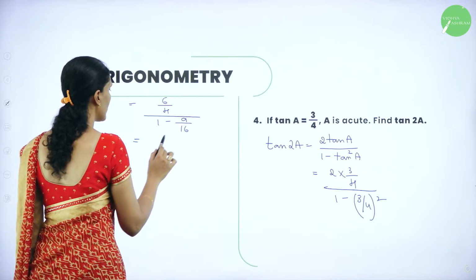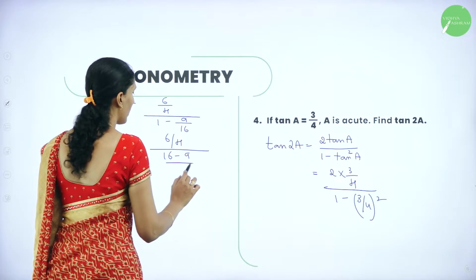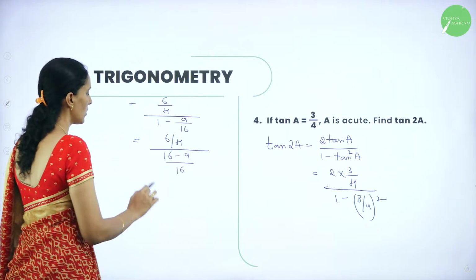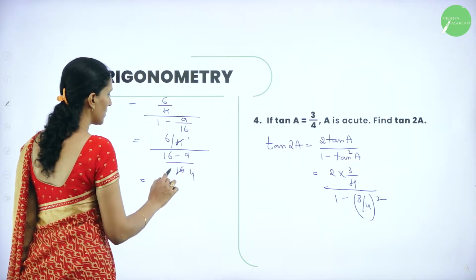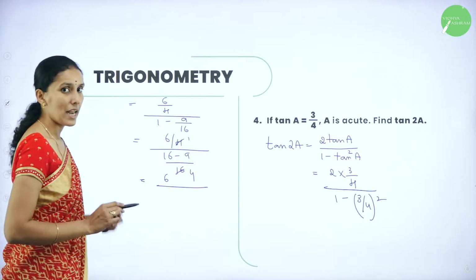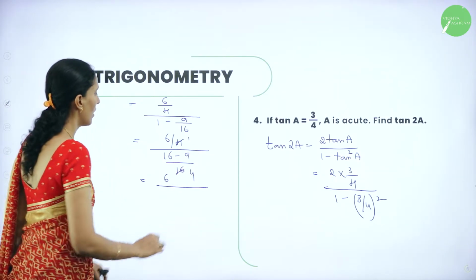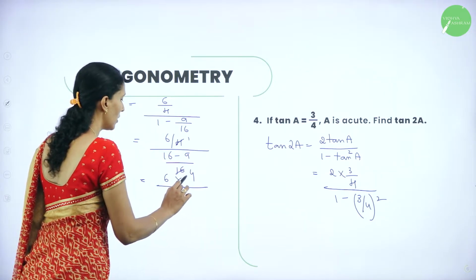So when you solve this, it is 6 divided by 4, 16 minus 9 divided by 16. So 6 whole divided by 16 minus 9 is 7. And this 4 in the denominator can be written as numerator.